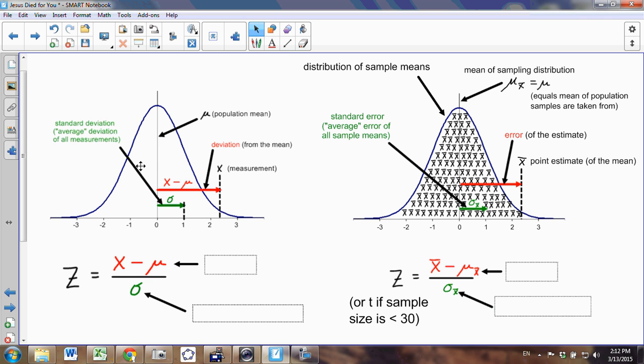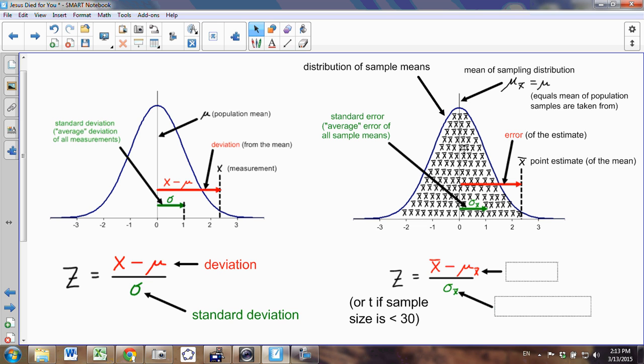Well, you have a population distribution that has differing degrees of unusualness, and you measure those degrees of unusualness with a z-score, and that z-score is just the deviation of a measurement divided by the standard deviation, the average of those deviations. How many of those standard deviations does it take to equal that deviation?